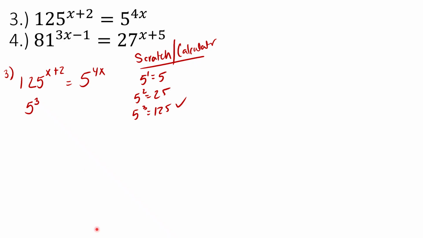Now, in the video, I use the illustration of the Super Cool Exponent Club. And the Super Cool Exponent Club is not a friendly club. This is the x plus 2. It is the original exponent, and the 125 is being raised to that exponent. Therefore, 5 to the third power must also be raised to that exponent.